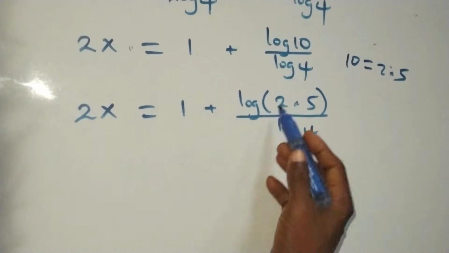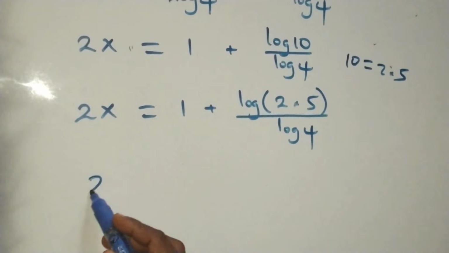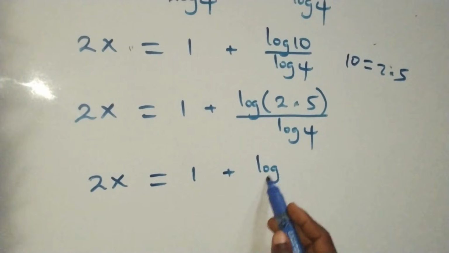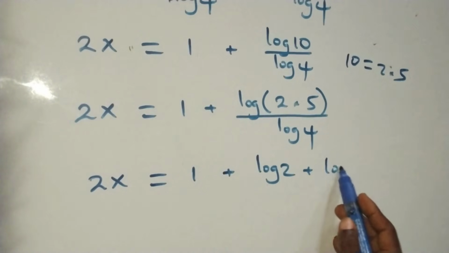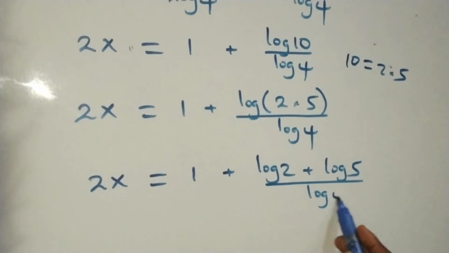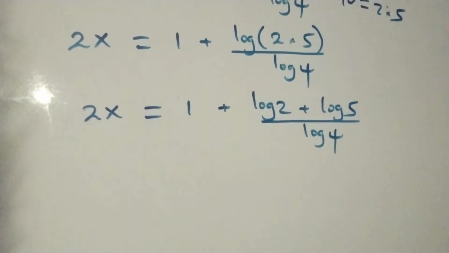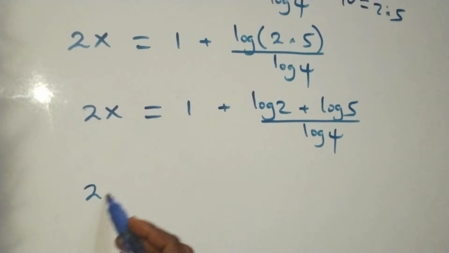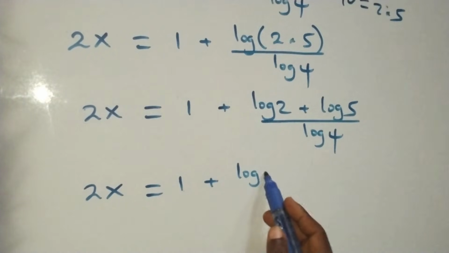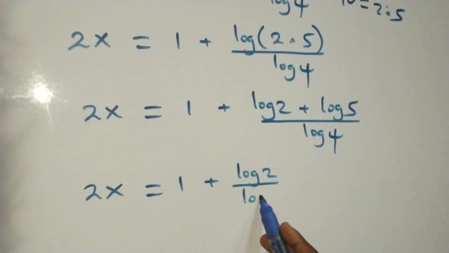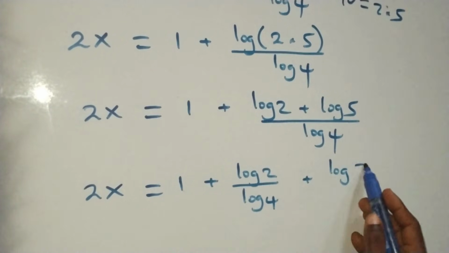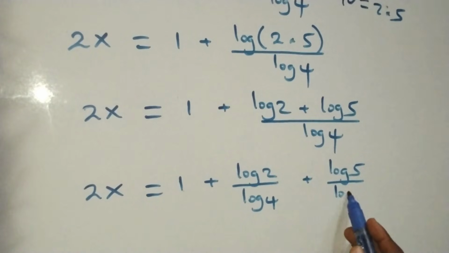This also follows the law of logarithm. We can write it as 2x equals 1 plus log 2 plus log 5 over log 4. Then here, separate this into two fractions and we have 2x equals 1 plus log 2 over log 4 plus log 5 over log 4.